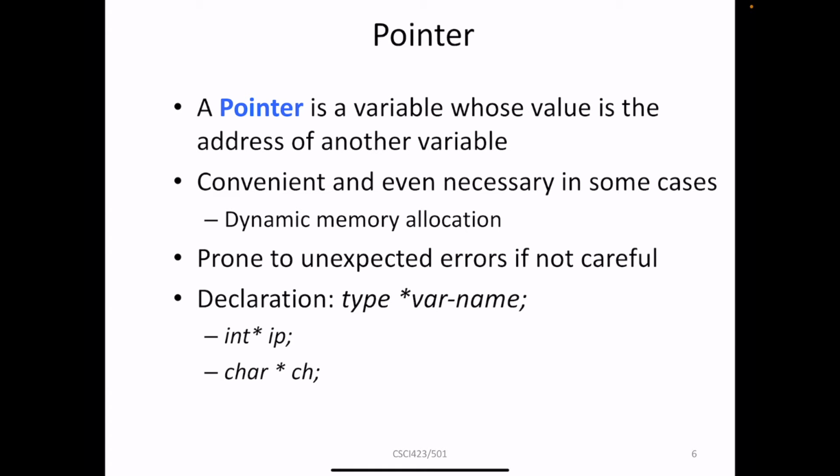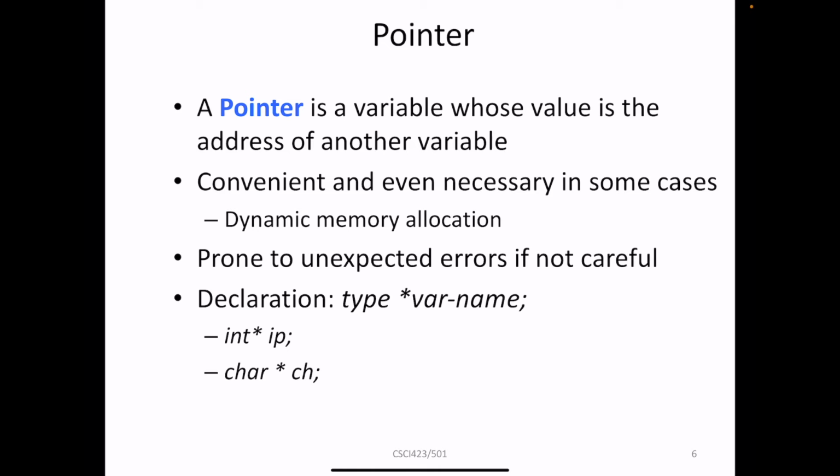Otherwise, you can imagine what would happen. After you finish the program, the operating system cannot claim the memory space back. So if you run the program again and again, the operating system eventually will use up all the memory space and no more programs can be executed in the operating system anymore.